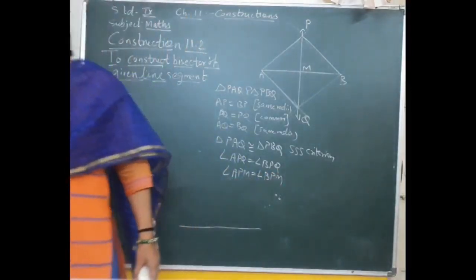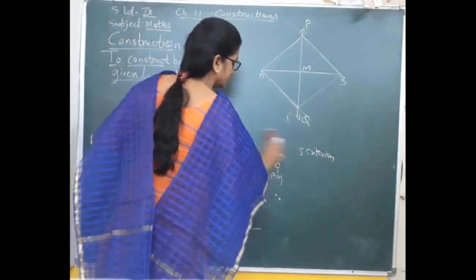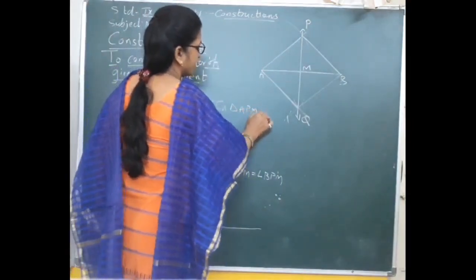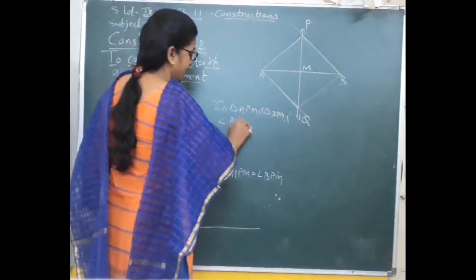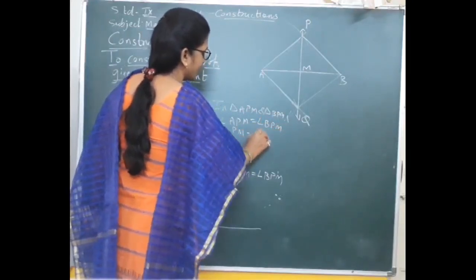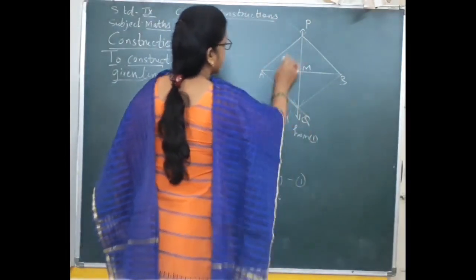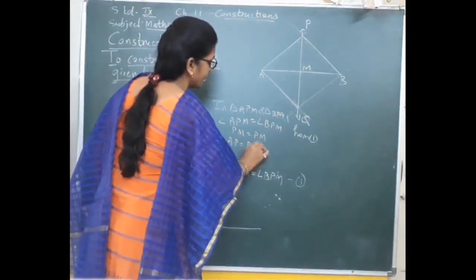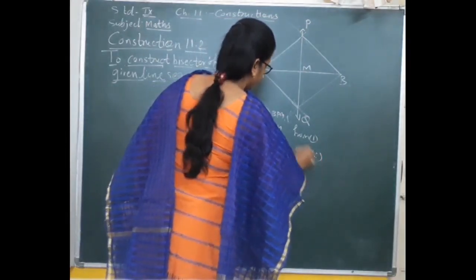Now in triangle APM and triangle BPM, first, angle APM is equal to angle BPM. PM is equal to PM, common. And AP is equal to BP, arcs of the same radius.